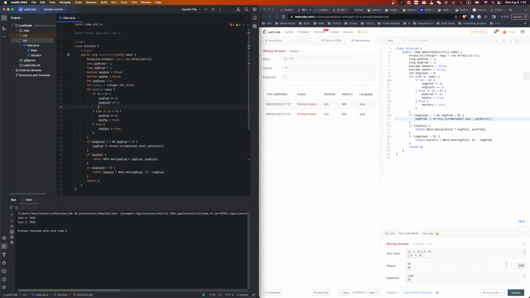If n is smaller than this, max negative equals Math.max of n and max neg. So now I can simply divide it by max negative, if it's larger than 1, right? And if it's negative, that would divide by this.